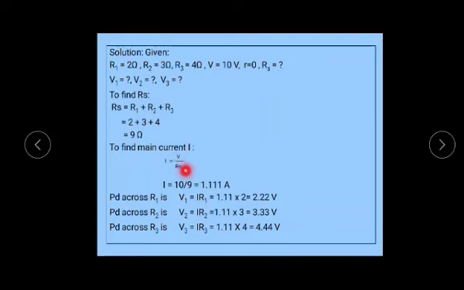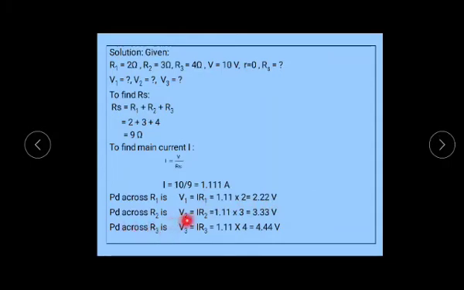Series combination means effective resistance you have to take. So I = V, which is given, 10 volt, divided by RS value, 9. When you simplify you will get 1.11 ampere. Now take PD across R1 as V1 = IR1. Substitute the value, 1.11 into 2, it is 2.22.